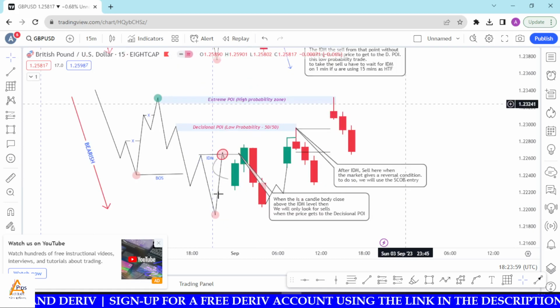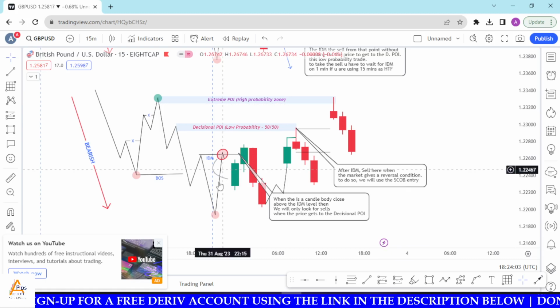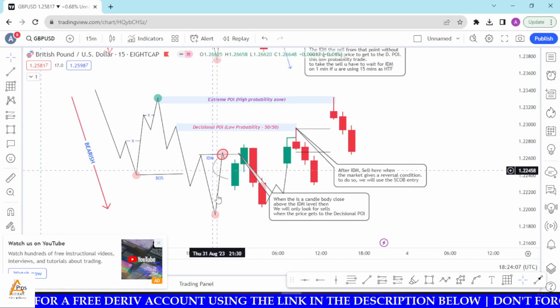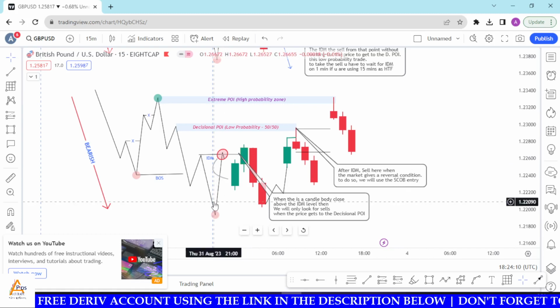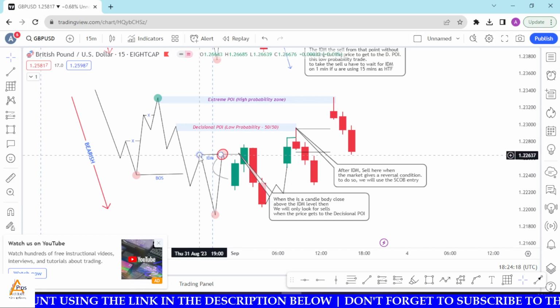Now, let's say you ask, what about the single candle order block I see along this move? You don't trade it. Why? Because that is a counter trend. And moreover, we have not had any good setup for you to take such a trade.